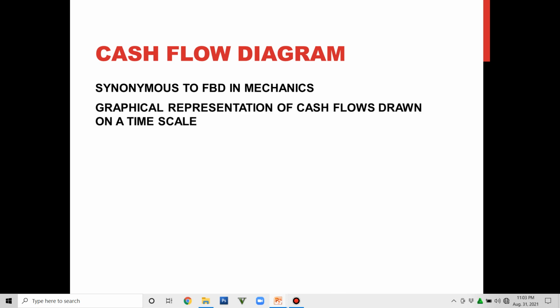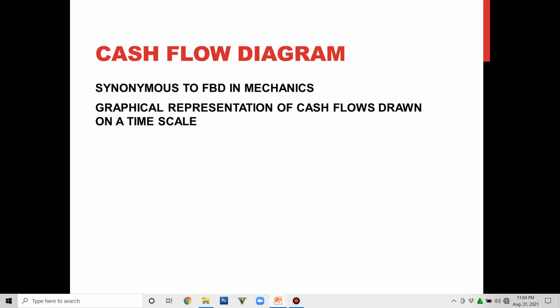Similarly, we can do a graphical representation of the cash flow. Cash flow is either an outflow or an inflow. It is drawn on a time scale, meaning there are a number of years, as we have said, in essence of the time value of money.